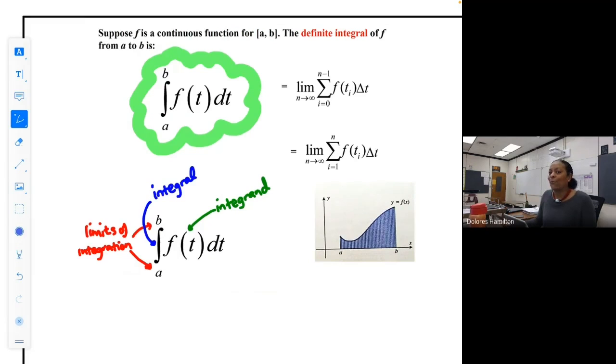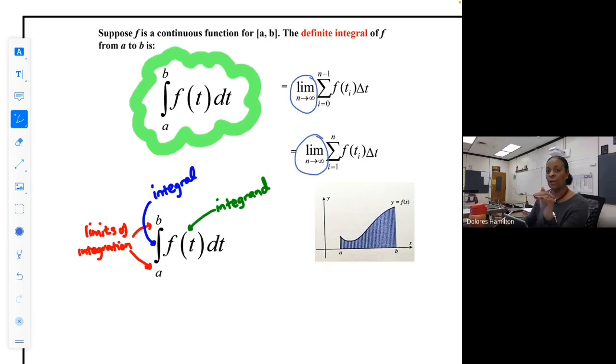So here we go, bringing back limits. If we took either the right or the left-hand Riemann sum approximation, and for both, if we let the number of rectangles approach infinity, that takes us from an approximation to an exact value of the area under a curve. So we are now using a new notation, and that is our definite integral.